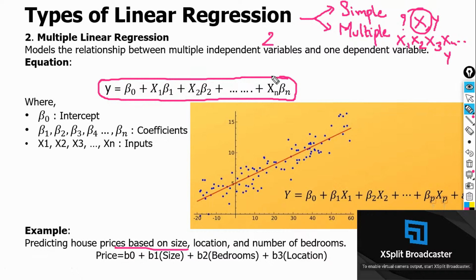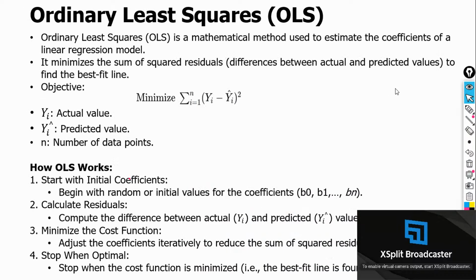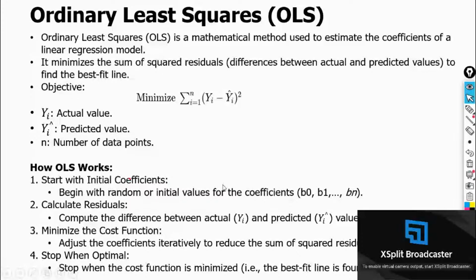This is the equation for multiple linear regression. Good. And we also discussed how OLS works. It works on the objective to minimize the error, actual minus predicted.